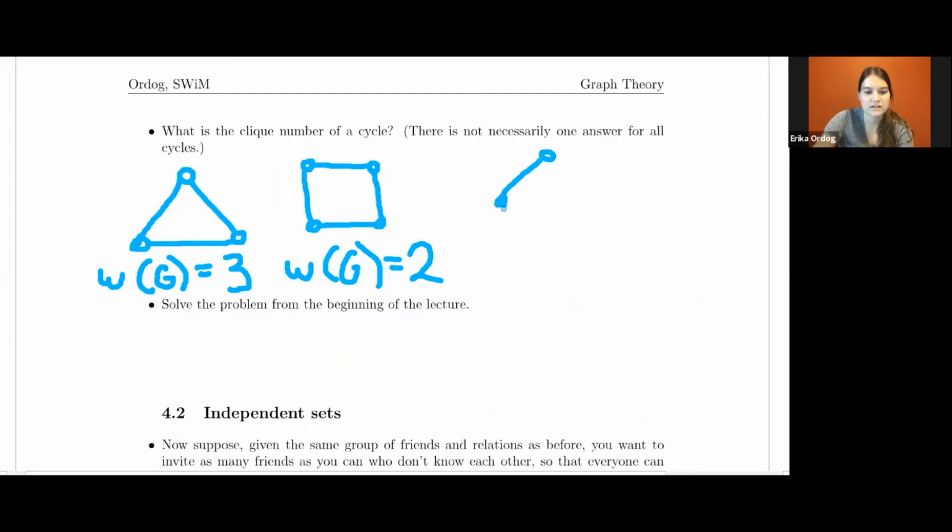We can extend this to a cycle of length 5. Again, there are no triangles here, and in fact, for any cycle with length greater than or equal to 4, we won't have any triangles. So the clique number is 3 for a cycle of length 3, and the clique number is 2 for a cycle of any longer length.